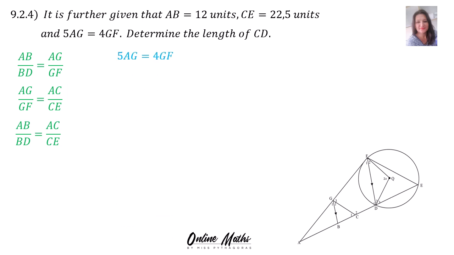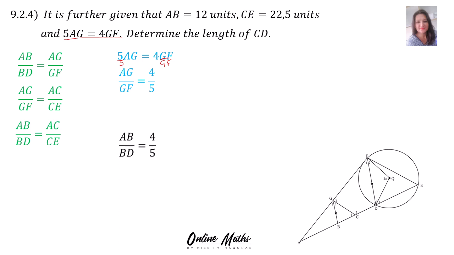Now, we can start with this part that's given. This 5AG is equal to 4GF. So what I can do is divide GF away and divide 5 away. And then I end with a ratio AG over GF is equal to 4 over 5.